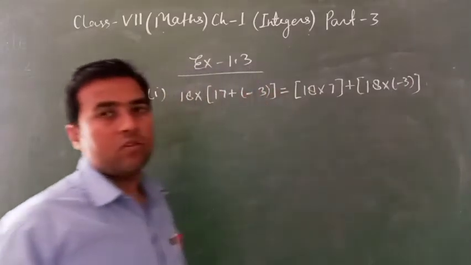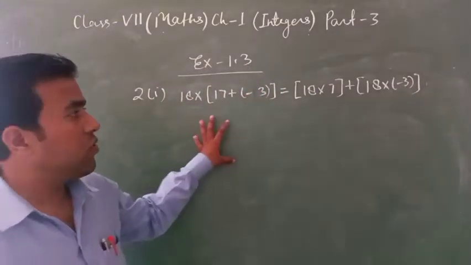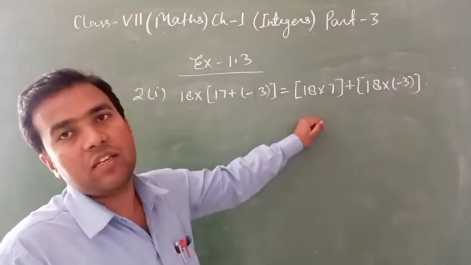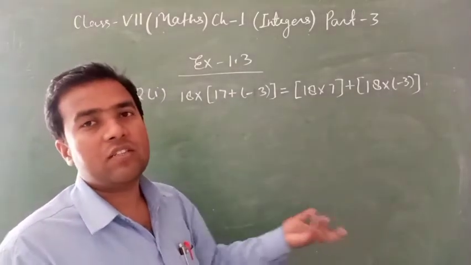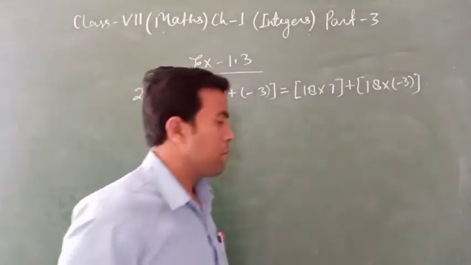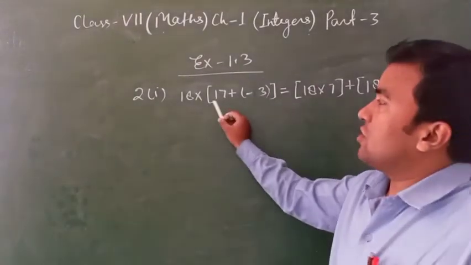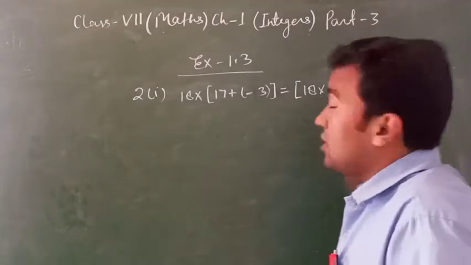See? Okay? The question is verify the following. It means you find this: if the left hand side is equal to the right hand side, then it is verified. If the left hand side is not equal to the right hand side, then it is not verified. Clear?